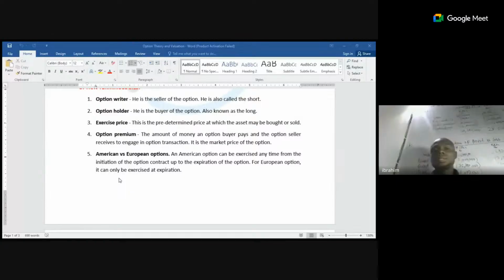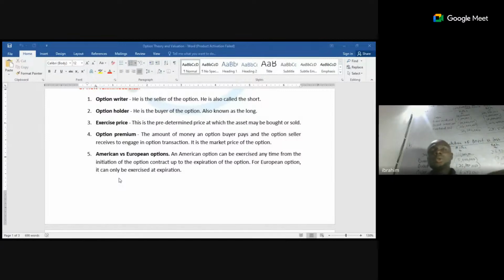Meaning that if Mr. Peter approaches First Bank in an option market to buy the shares as of today at this price, and he will now say, I will sell it at the end of December, right?